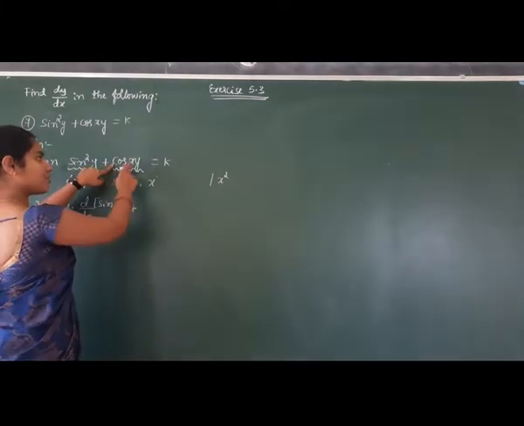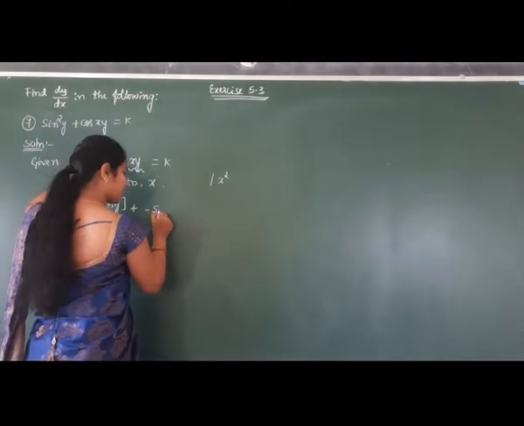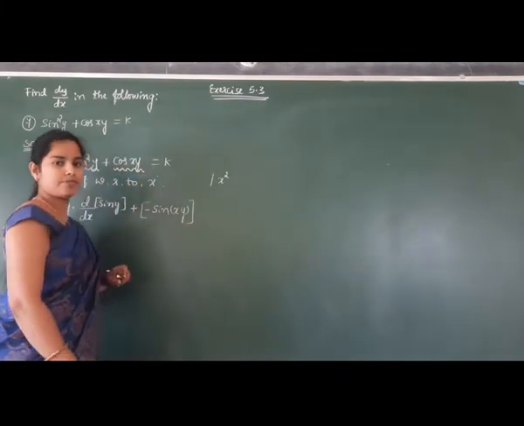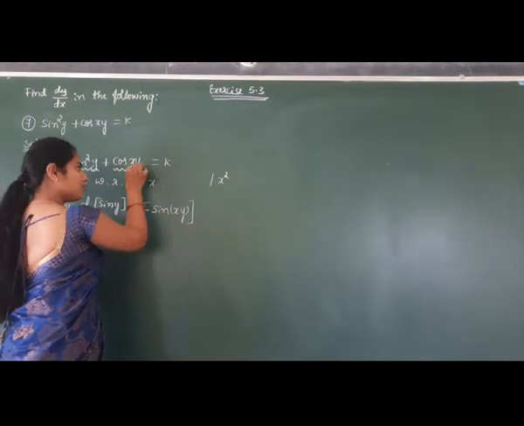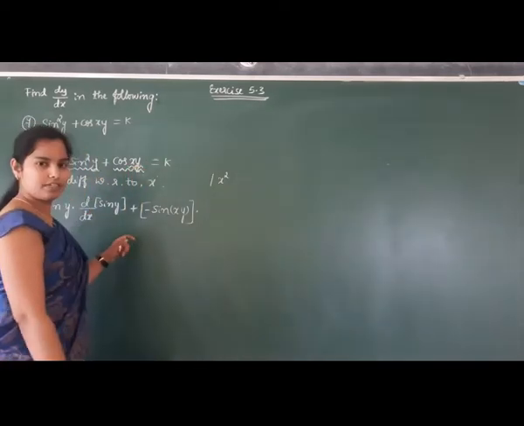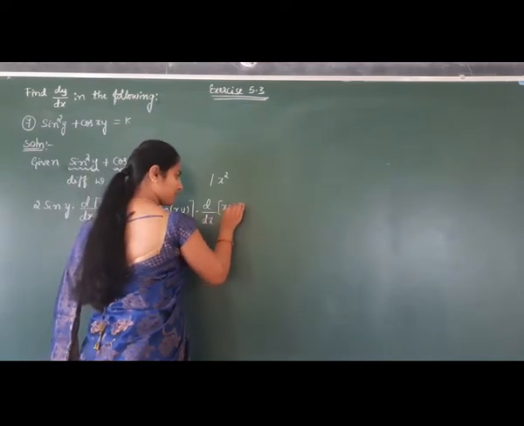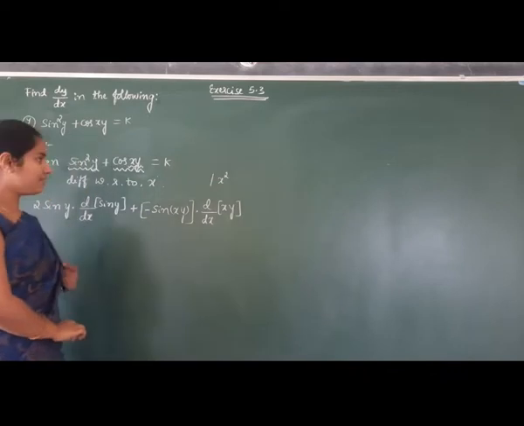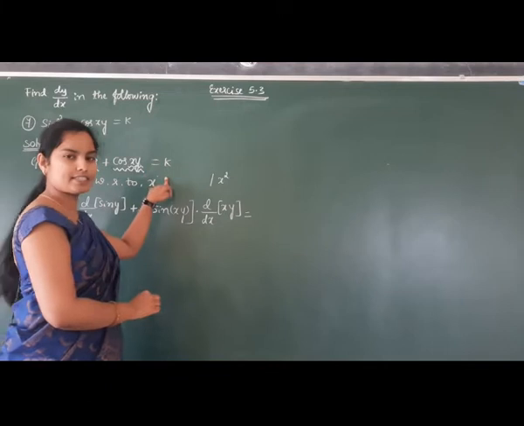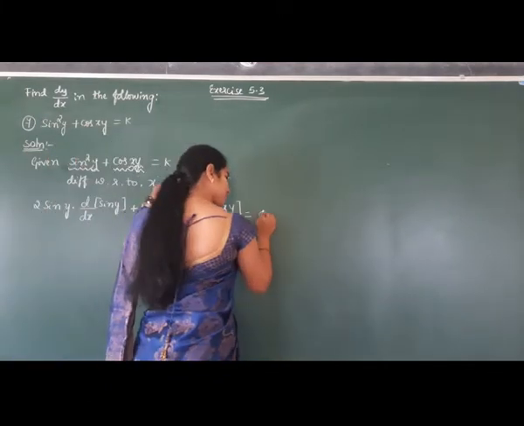Therefore derivative of cos xy with respect to x is minus sin of xy, and observe here one more function is there, that is xy, into d by dx of xy. This is equal to derivative of k with respect to x, which is 0, since derivative of constant is 0.